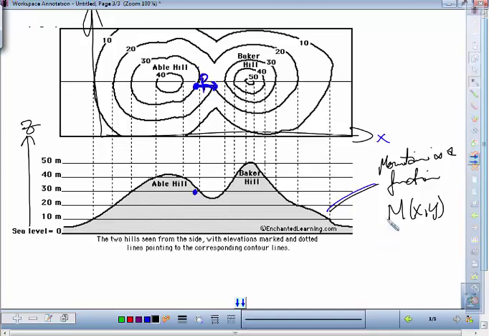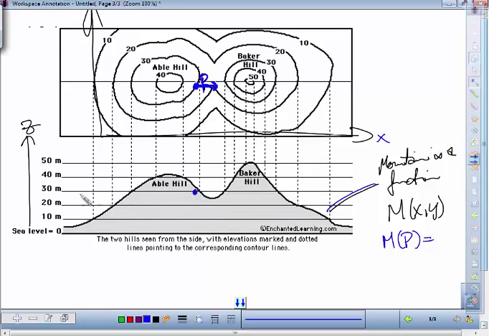So the m function describes your altitude above sea level. What can I say about m of p? What would you say your altitude is if you were standing at that point P on your map? 30, right?